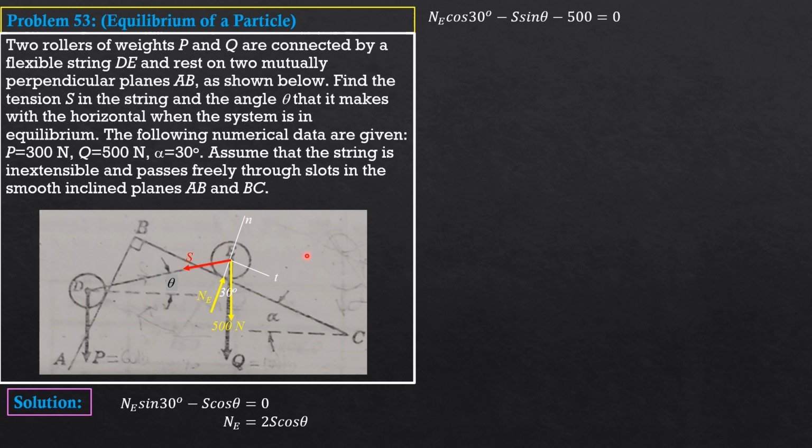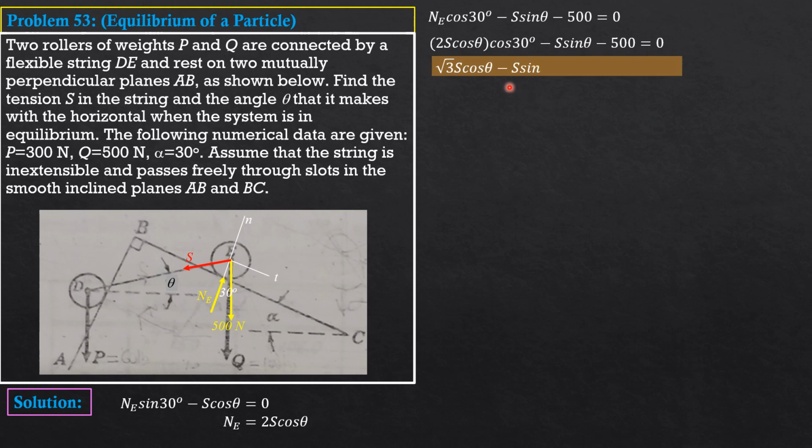Vertical and horizontal only, don't mind the tangential and normal axes. So we have 2S cosine theta times cosine 30 degrees minus S sine theta minus 500 equals 0. Simplifying, square root of 3 times S cosine theta minus S sine theta minus 500 equals 0. Call this equation 1.